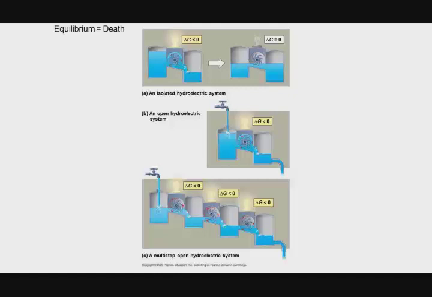You constantly have to be putting water, in this case, into one end and draining water out the other to maintain the movement, the flow of energy through the system. And in reality, the more of these little reservoirs you can link together, the more akin it is to life, because we have many, many tiny steps to harness as much energy as we can as things move from high energy to low energy. And that's what we're going to study as we move forward.